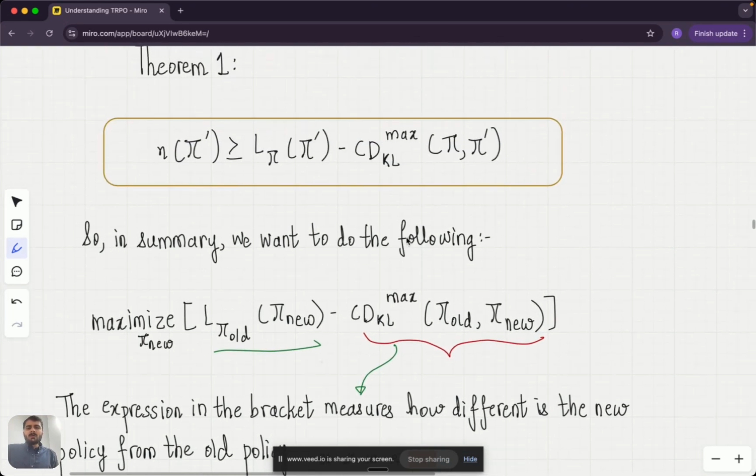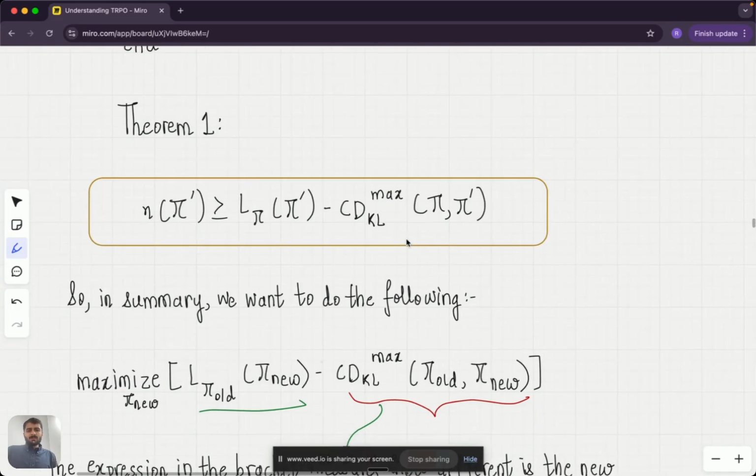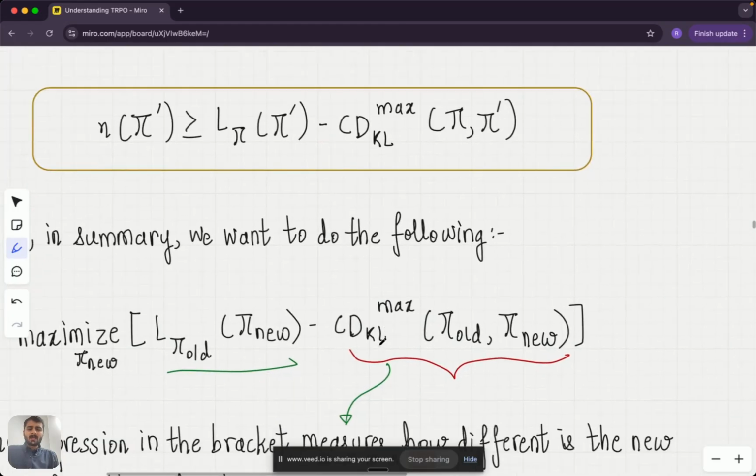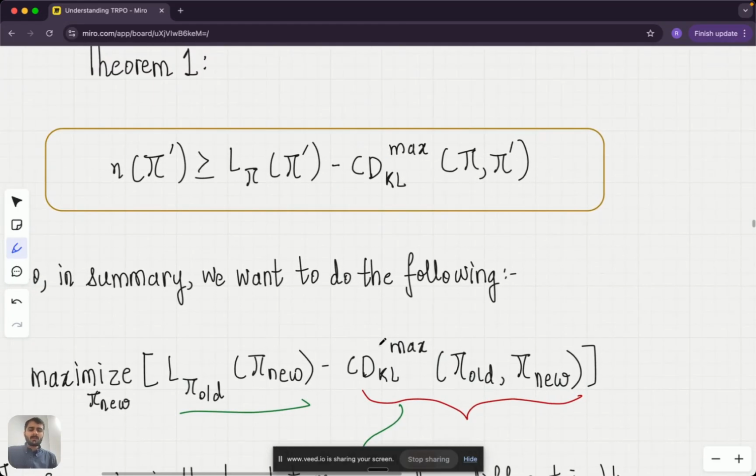Okay, so now once we have understood this equation that we want to maximize, we will now come to an important part of this lecture which will help us understand where the term trust region comes from. Why is this algorithm called trust region policy optimization? Well, the roots of this can actually be traced to this expression.